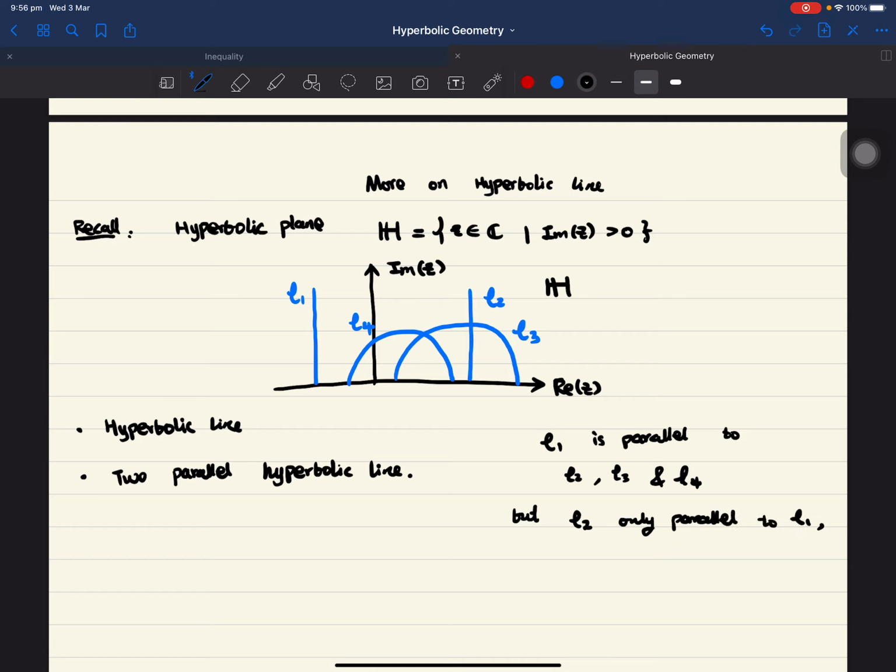Hang on, in that case L2 is parallel to L1 and L4, but not L3, etc.